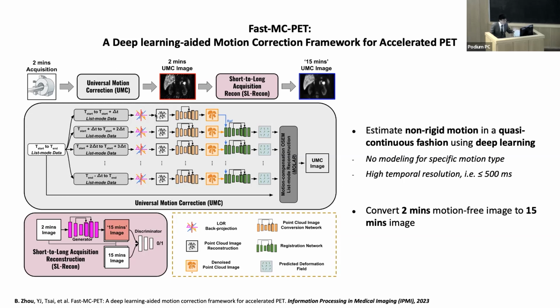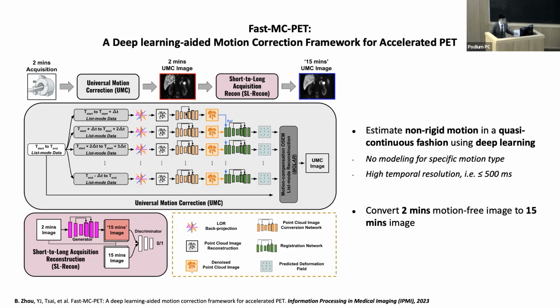Then we can denoise this point cloud image because it has very low count and low image quality. Based on those denoised point cloud images, we can use a deep learning based motion estimation network to estimate a quasi-continuous motion field over all those ultra short frames.